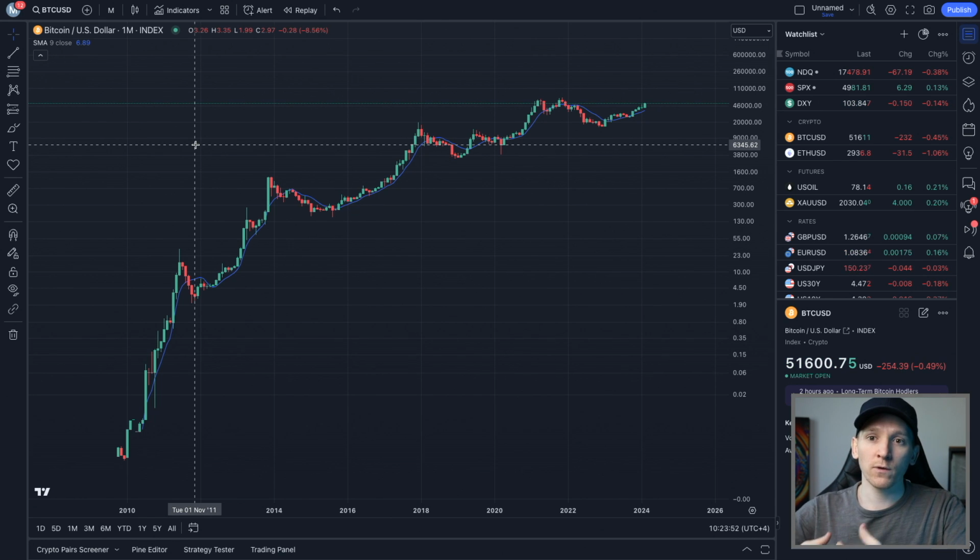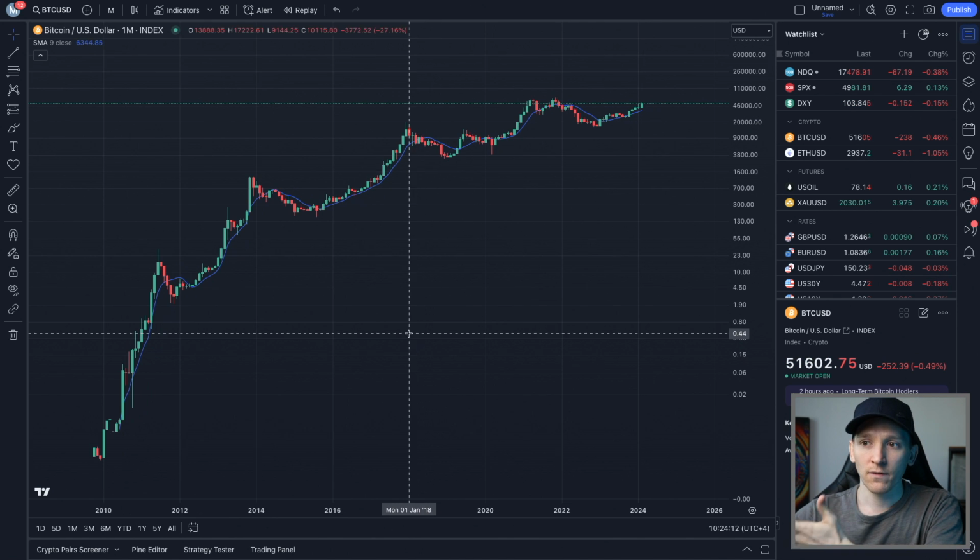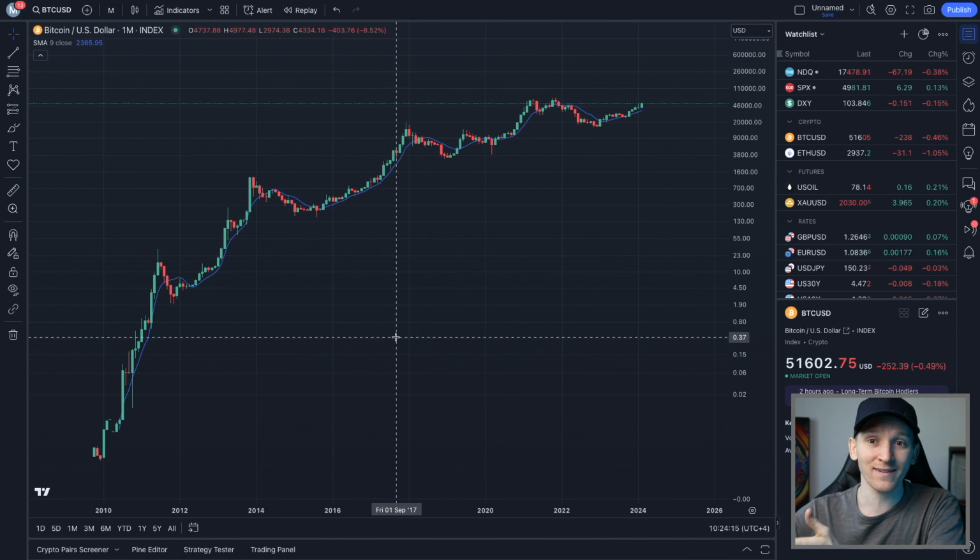So what we're doing here is allocating to assets that are outperforming. We don't need to beat the market. We don't need to be a trader and try and outperform the asset. It's actually investing in the asset that is the outperformance versus the fiat currency that you're using to trade for it. So an example here, this is the price of Bitcoin since inception.